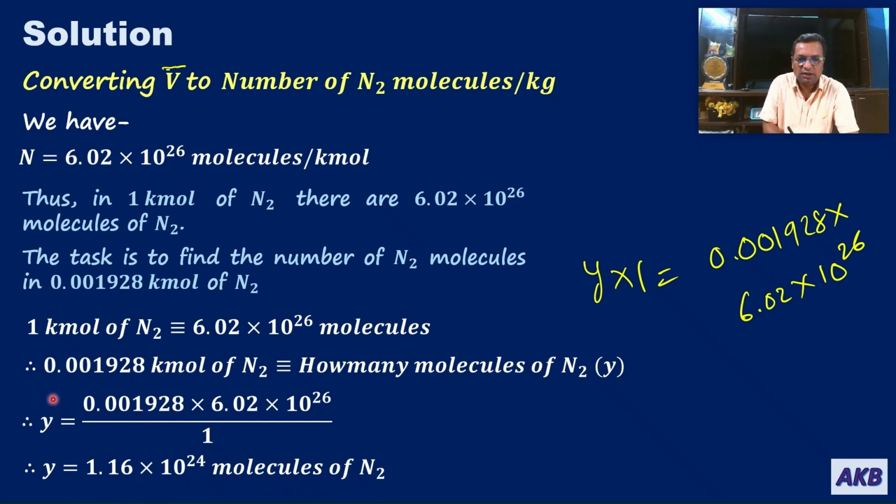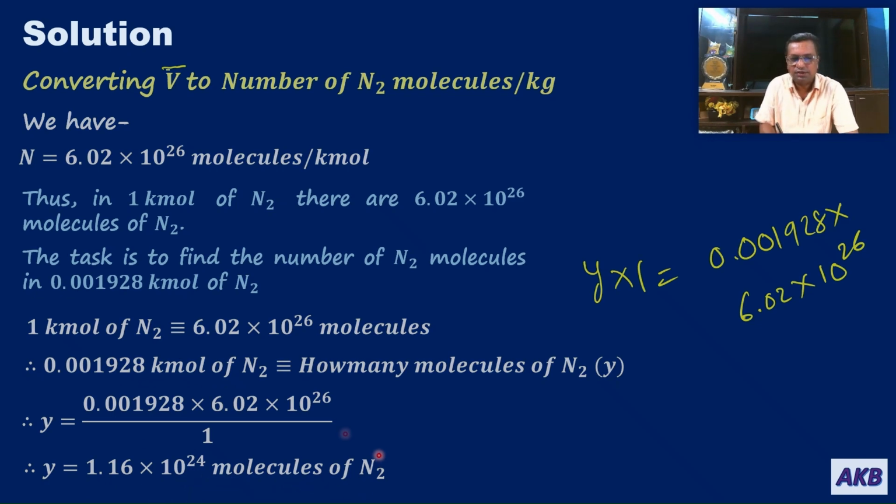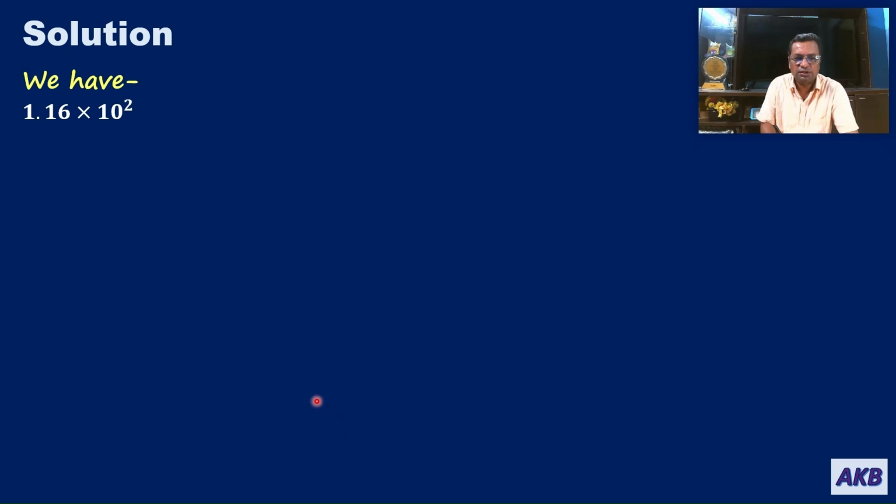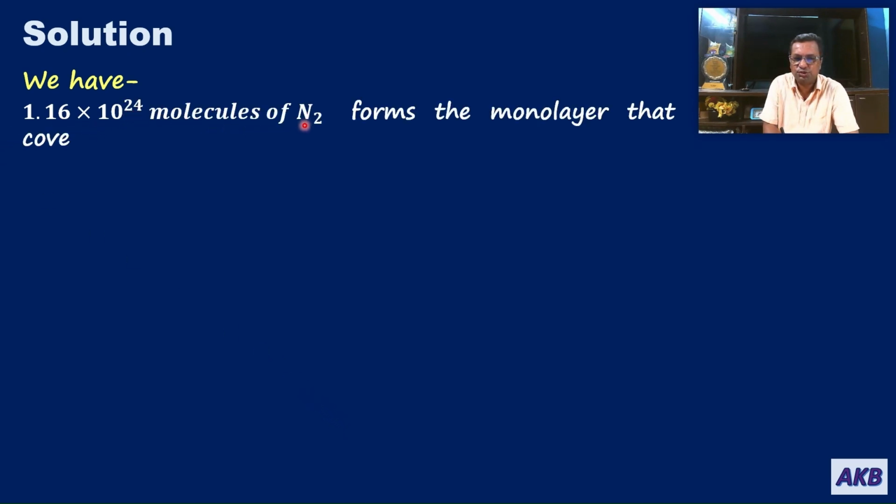That is, when the surface of the adsorbent is completely covered by a monolayer of nitrogen molecules, 0.001928 kilomole of N2 contains 1.16 into 10 to the power 24 molecules of N2.